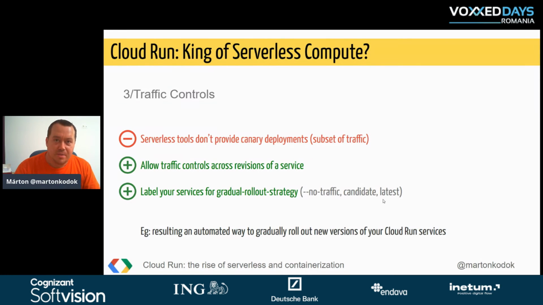Now, platform-wise, in the network, we have traffic controls. Serverless tools don't provide canary deployment, subset of traffic, or legacy versions to actually deploy, but Cloud Run allows you to actually have traffic control across revisions of a service. So you are able to, for example, deploy a service with the flag no traffic. You get a revision, let's say revision 20.